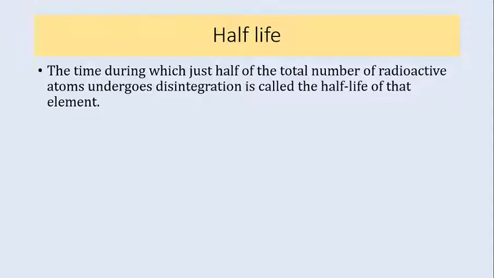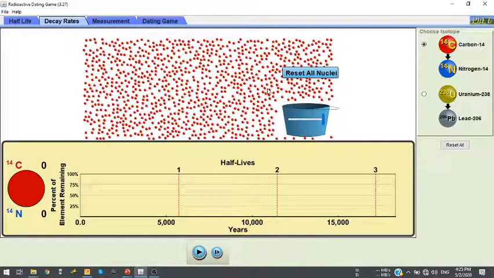So inshallah we will talk about the half-life of carbon-14 in a simulation. So let's see. In the simulation we have been provided with about thousands of carbon-14 atoms, and these carbon-14 atoms are colored red and they undergo disintegration to produce blue colored nitrogen-14.